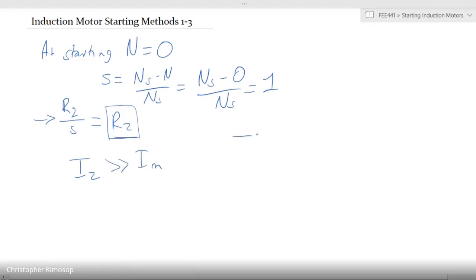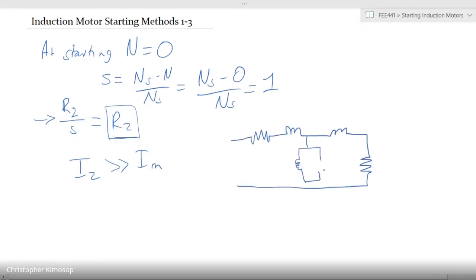Remember, our equivalent circuit looked something like this, where we had R1, X1, X2, R2 over S, XM, and R core.